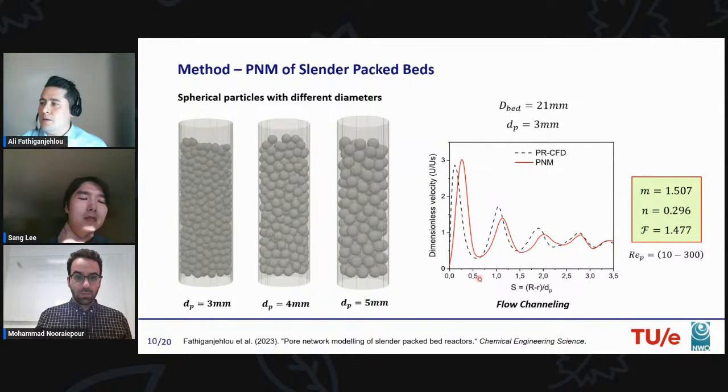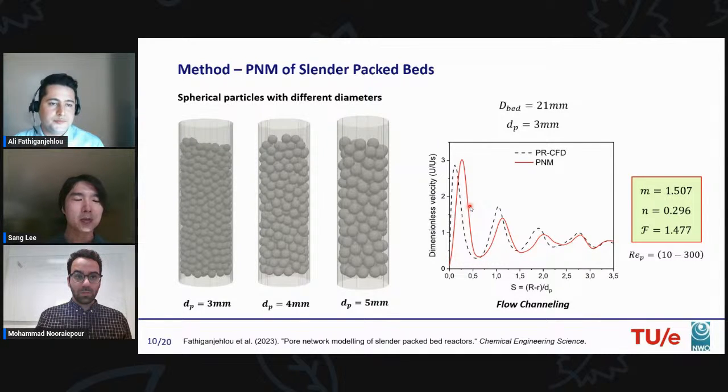But if we compare, for example, the cumulative flow rate from this peak here to the one from PRCFD, we can still see that the comparison between PNM and PRCFD is quite good. So it just relates to the definition of pores and throats.